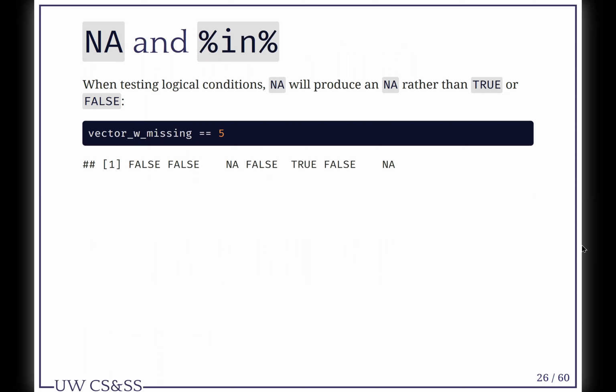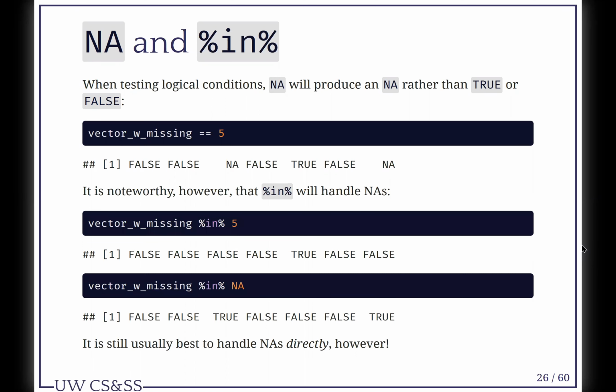Something to note about NAs and comparing them to things. When testing logical conditions, NA will produce NA rather than true or false, as we showed in the last slide. It's noteworthy, however, that %in% will handle NAs.